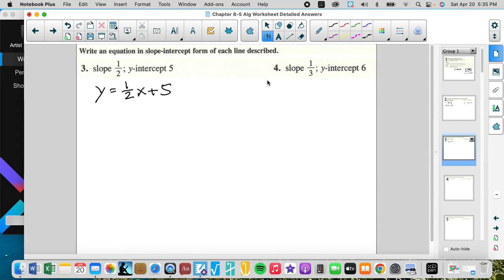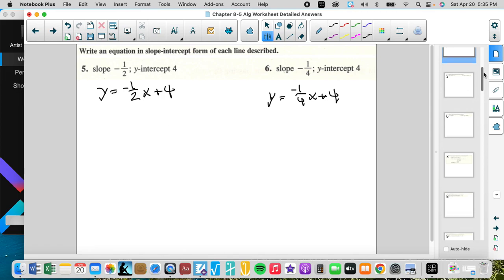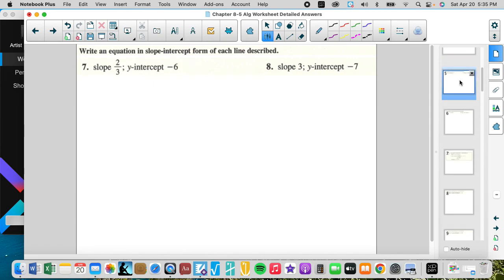Y equals mx plus b. You're thinking, it's got to be harder than this. Well, when they give you the slope and the y-intercept, no, it doesn't have to be any harder than that.